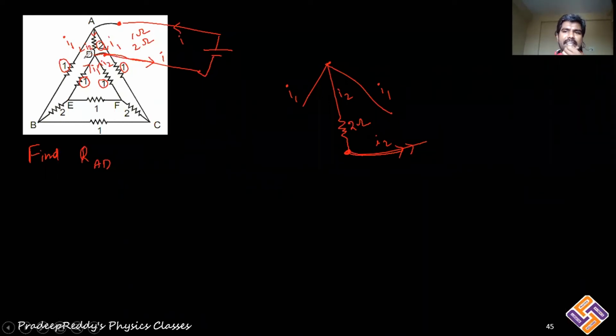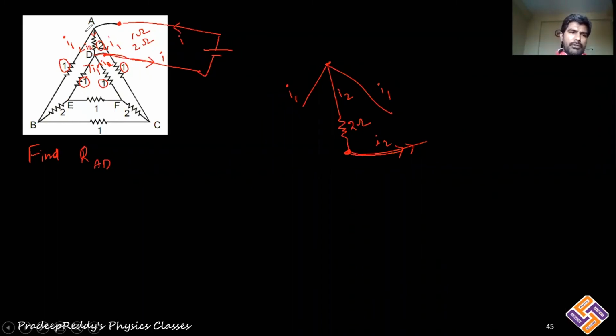At point D, take the reference. From A to D, I2 is coming. From E to D and F to D, definitely I1 amount of current should come, because I1 coming from here, I1 from here, and I2 from here all together become I, and that I enters the negative terminal of the battery.